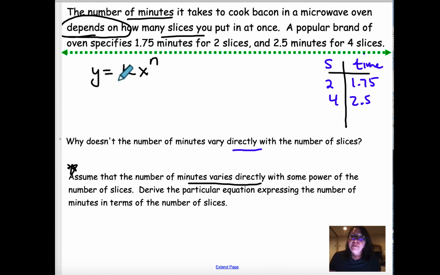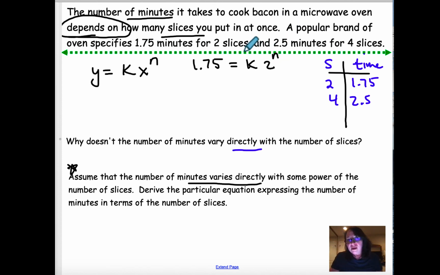Anyway, now you're going to pick one of your points. Let's plug this in. So one of our points gives 1.75 equals k times 2 to the nth power. So check this out.